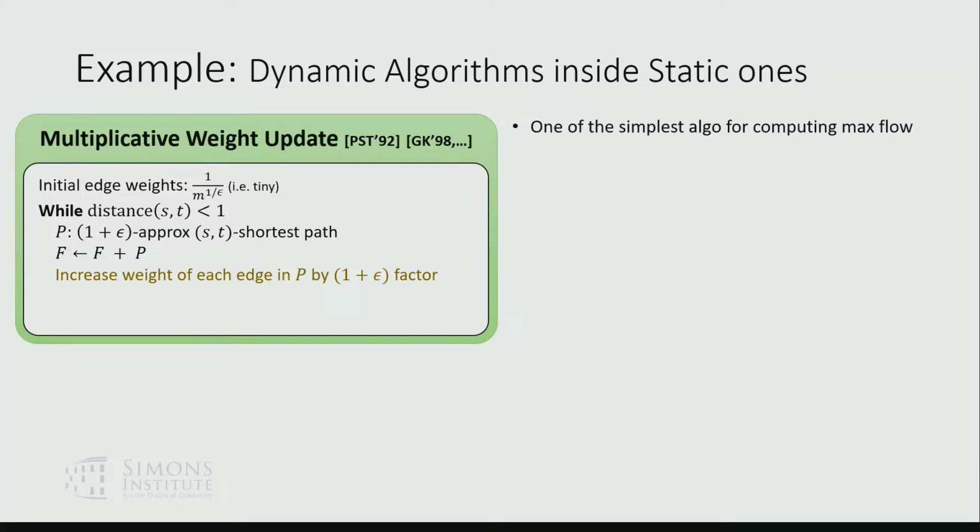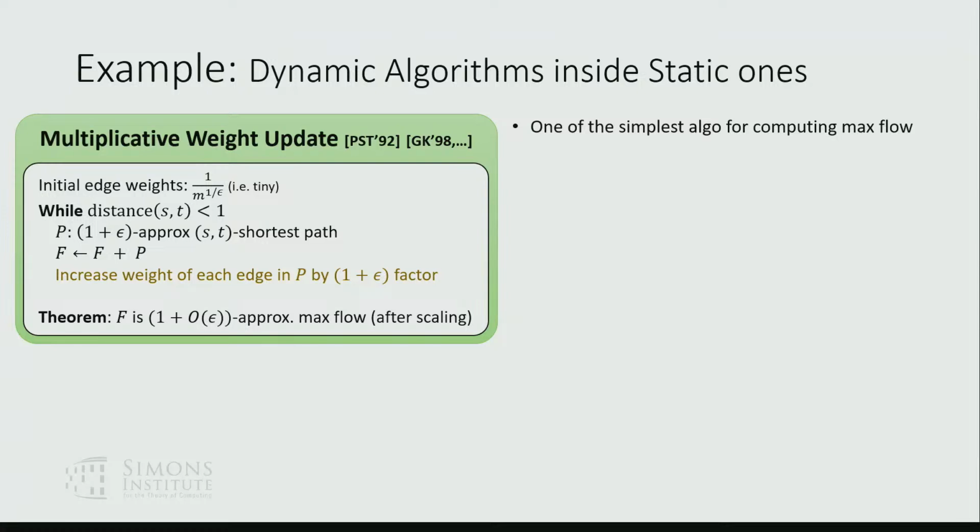Note that there is no residual graph at all. You keep working on the same graph. If the graph is undirected, it is still an undirected graph at all times. So keep finding the shortest path, increase the weights, and do this again and again until at some point the distance will be more than 1, and at that point you stop.